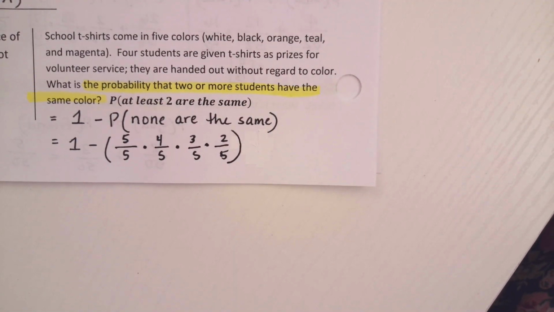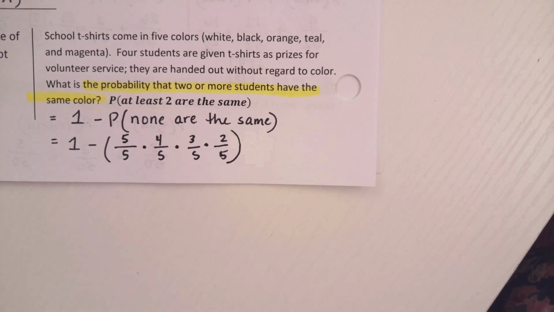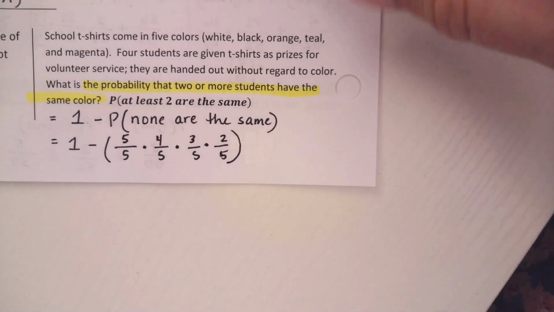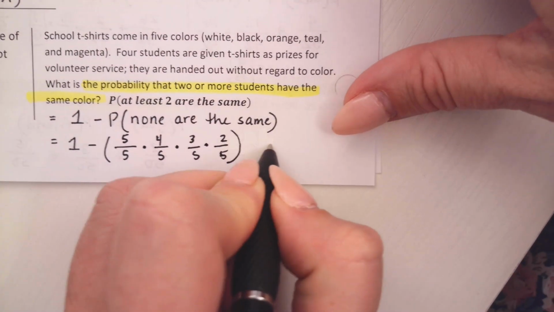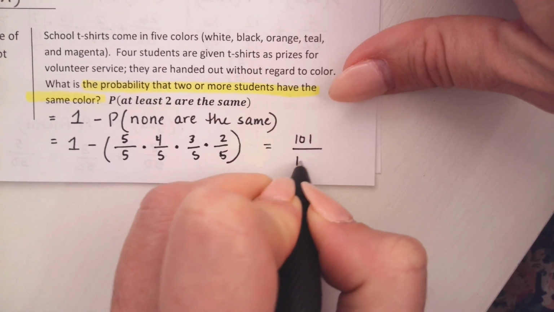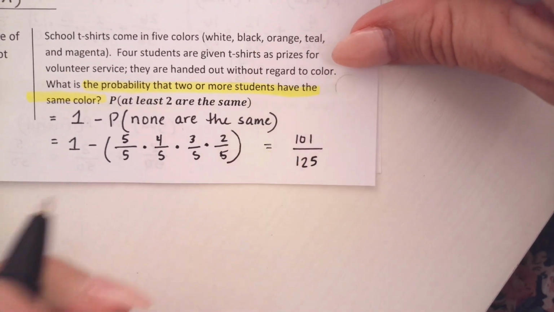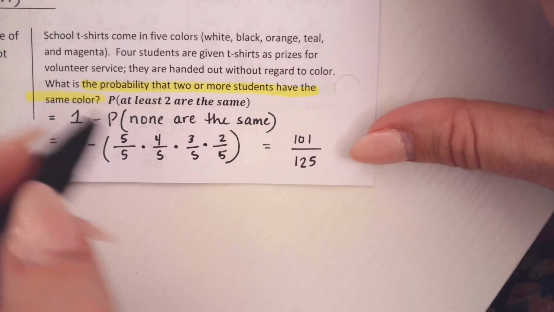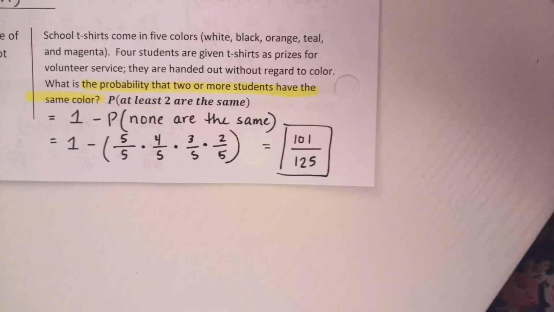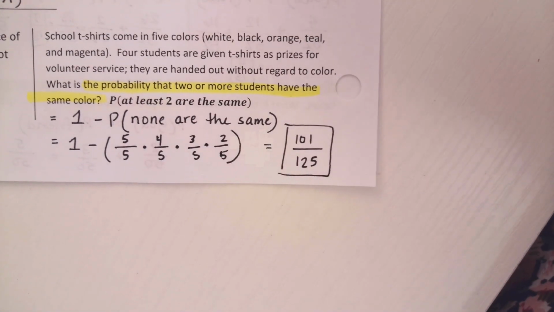So it's 120 over 125, right? 120 over 625. Oh, excuse me, 101 over 125. I don't know where my brain got 120. I'd say that's pretty good. That would be something you might expect as a bonus.